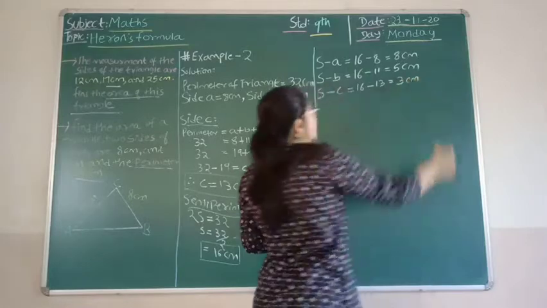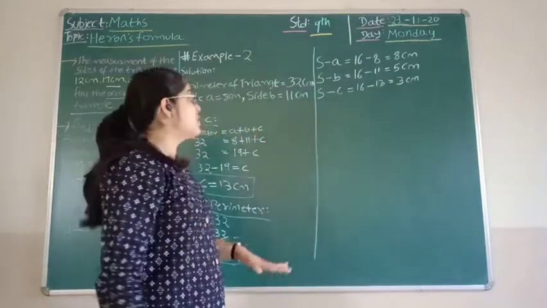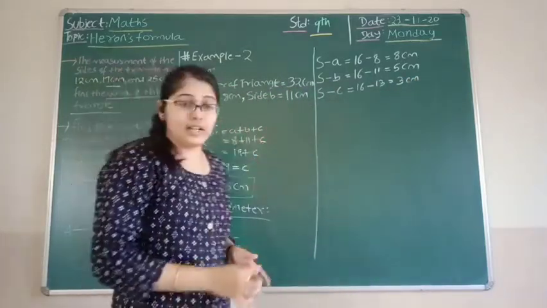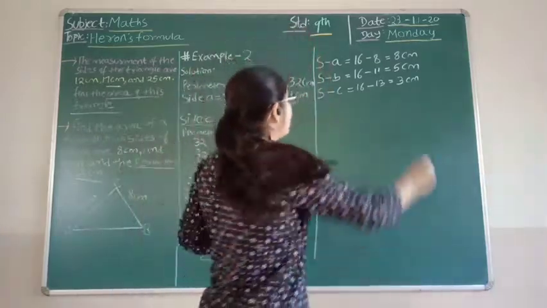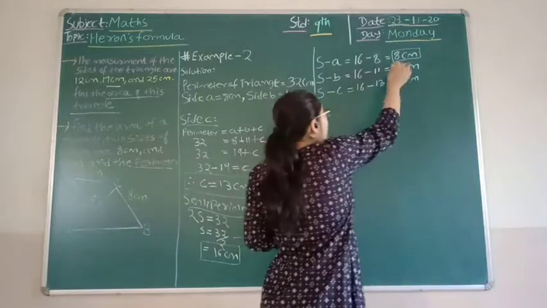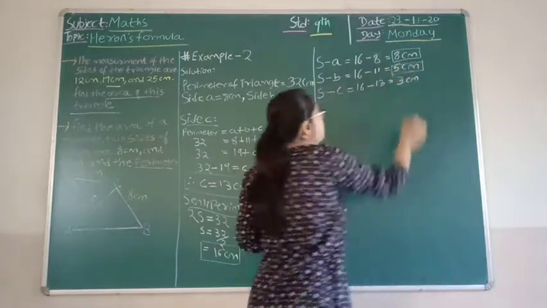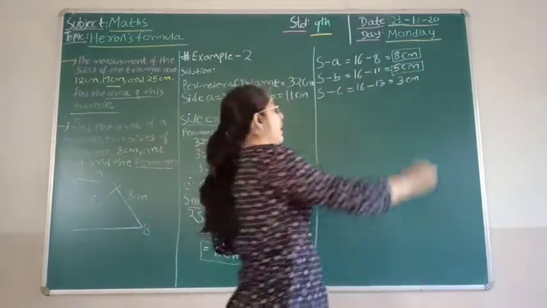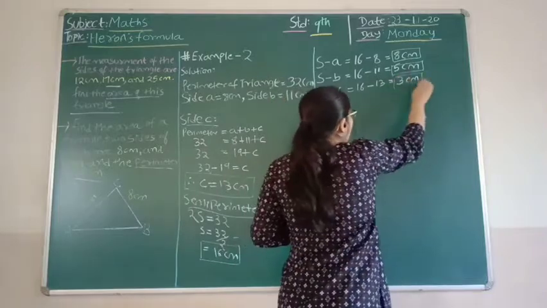So students, now I am getting all these values. That is S minus A equals 8 centimeter, S minus B equals 5 centimeter, and lastly S minus C equals 3 centimeter.